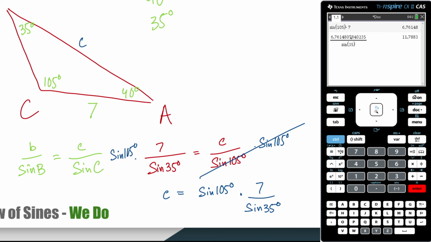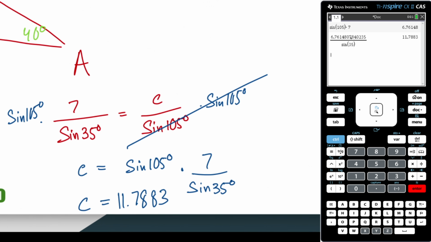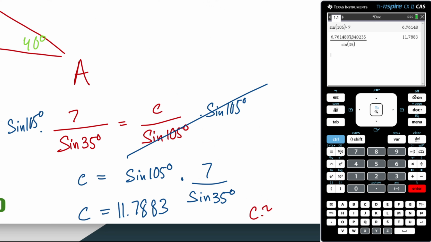And so our answer here is that the c side is equal to 11.7883. I like to round to the hundredths, so that means that c is approximately 11.79.